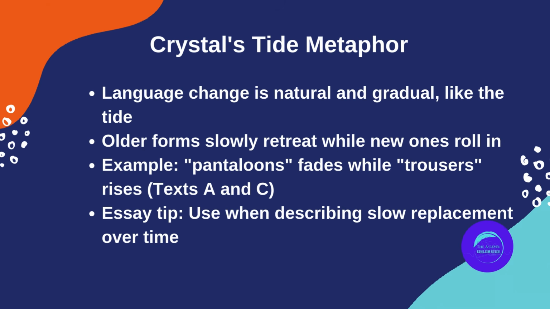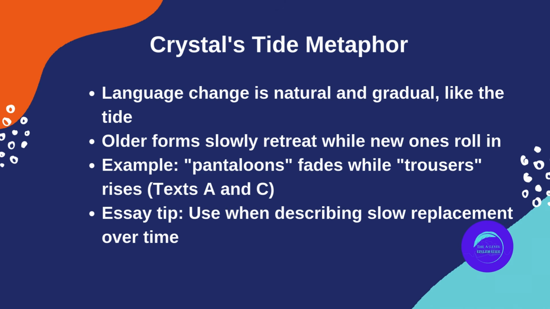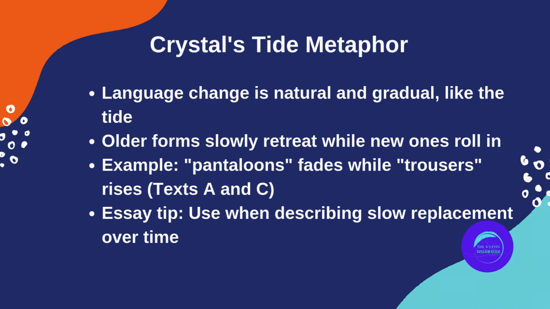In the Ngram chart of text C, we can clearly see its decline and the rise of trousers. The two overlapped for some time, but eventually trousers became the standard. The disappearance of pantaloons and the rise of trousers reflects Crystal's view that older lexical items fade naturally as newer ones become more widely used.